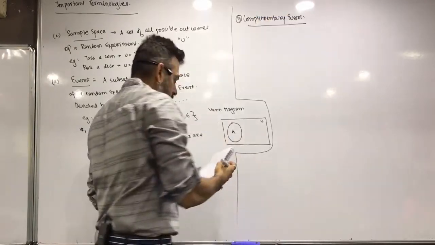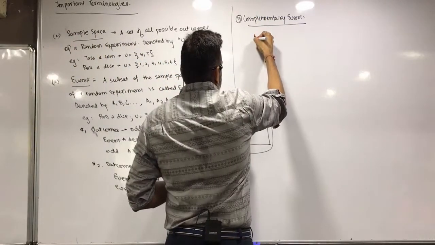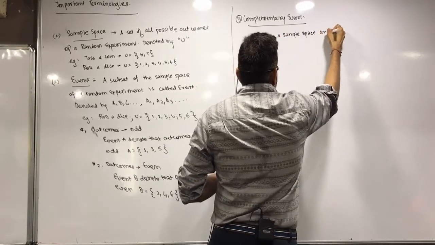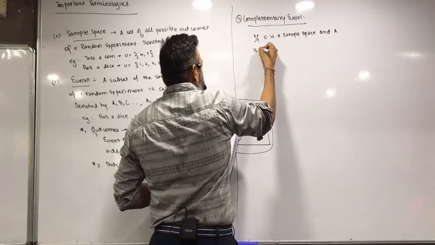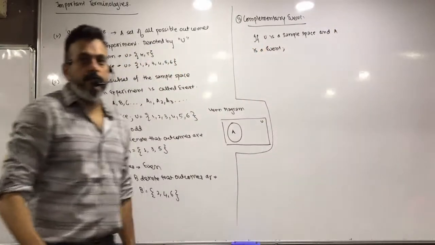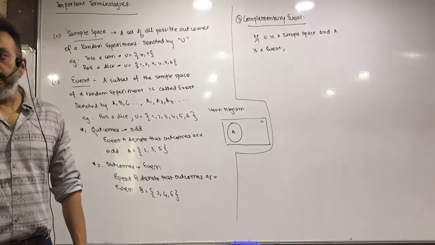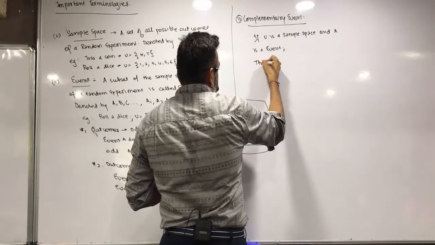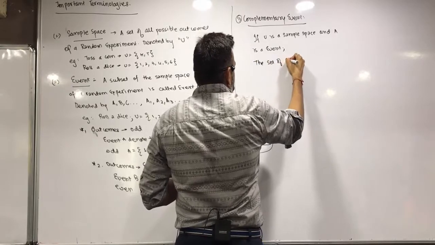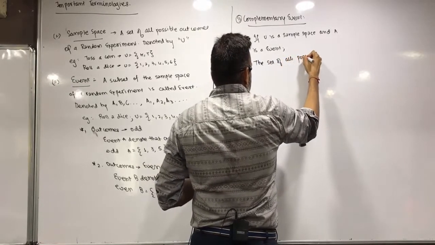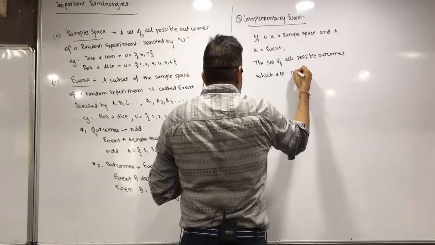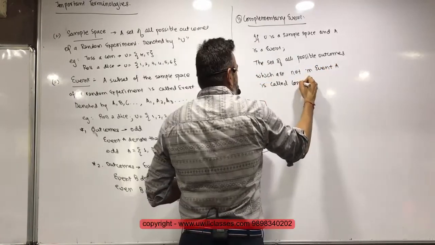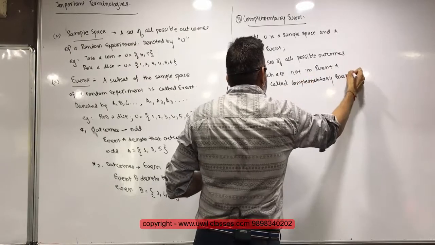Complementary event. If U is a sample space and A is the event, the set of all possible outcomes which are not in event A is called complementary event.